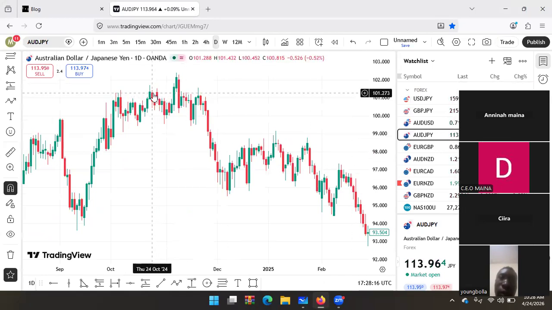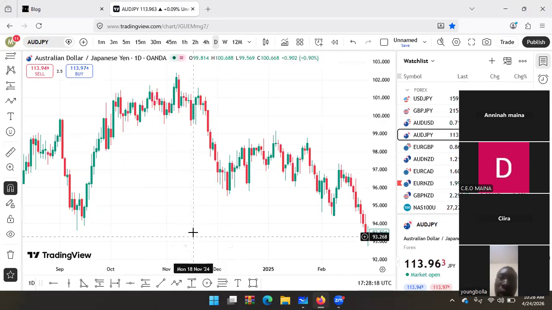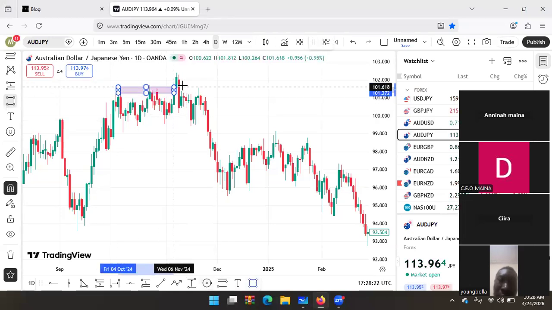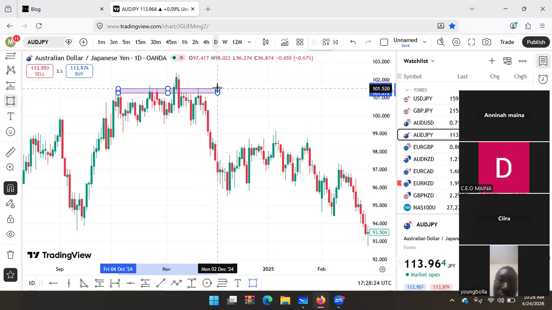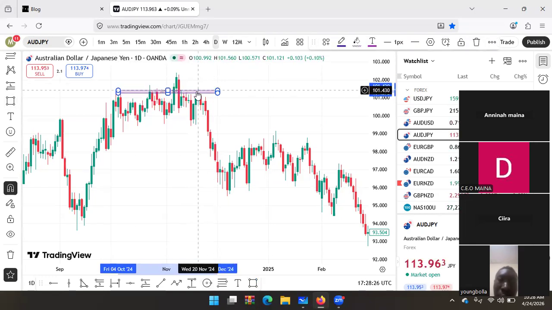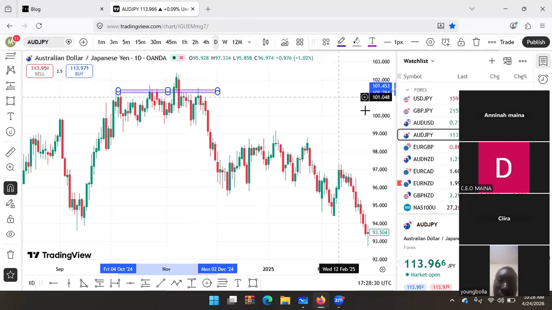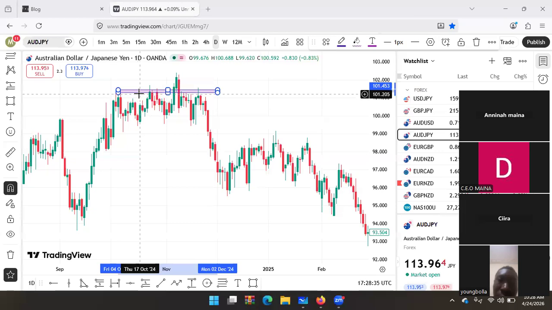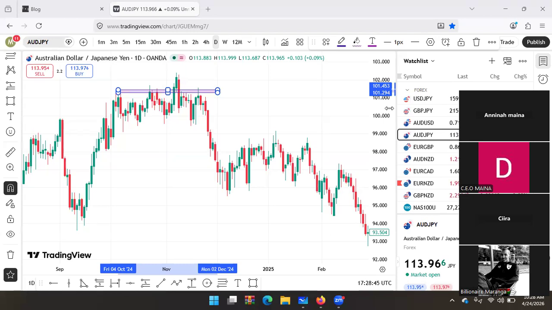You can see, for example, for this market here, which reversal do we have here? Head and shoulder.